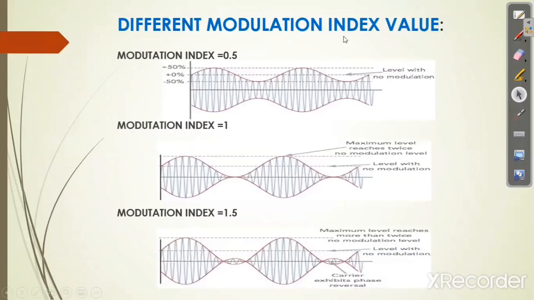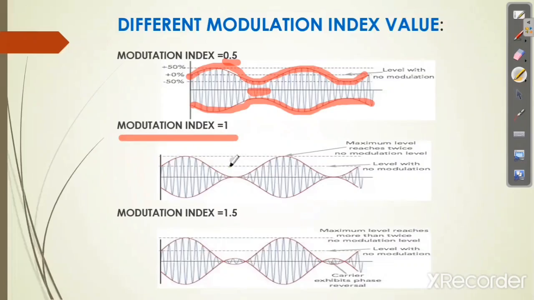Now we are going to see how the waveform differs for the different modulation index. When the modulation index is 0.5, the waveform looks like this. Observe the shape of the envelope clearly so that we can understand it when we generate it in GeoGebra. Here the envelope looks like this, and this lower signal doesn't touch the origin.